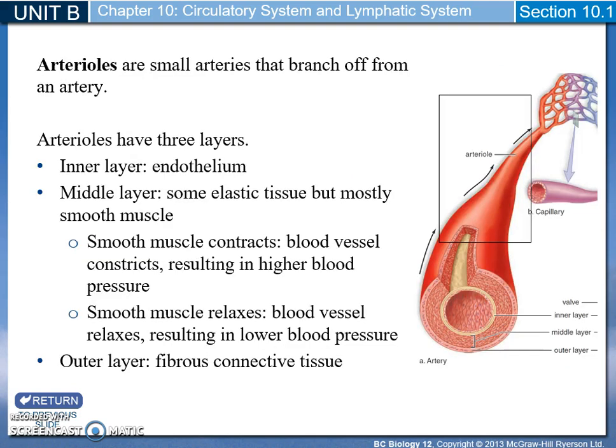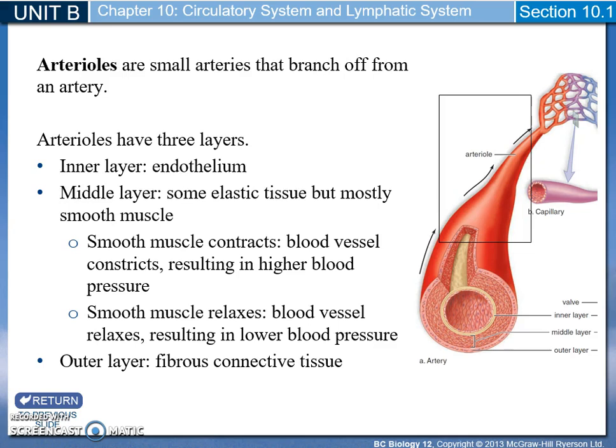Then we have arterioles, and the arterioles are simply small arteries that branch off from arteries. As well, they have the three layers: the inner endothelium, and then the middle layer, which has some elastic tissue but mostly smooth muscle.